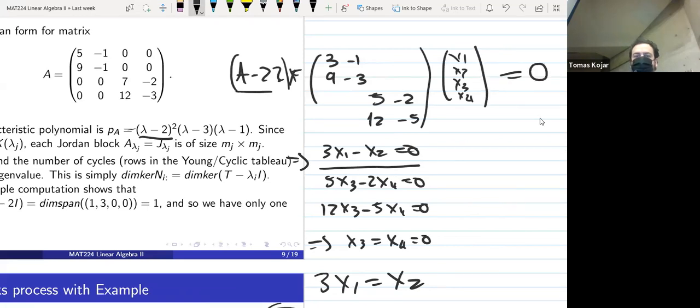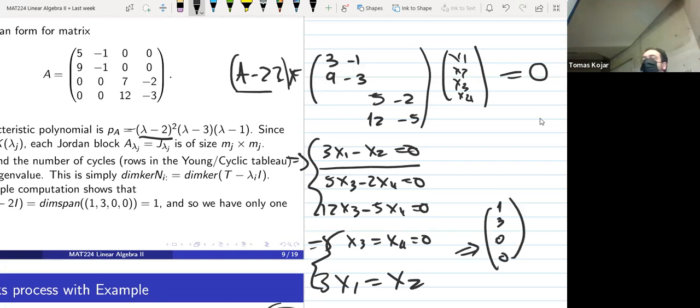And then you get a 3 by 3 system, 3 by 4, and you got these solutions. So you got 0, 0, and then 1, 3. Okay? Right. So that was finding the eigenvector.